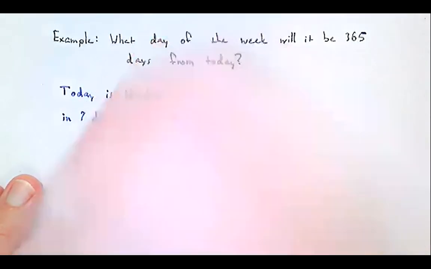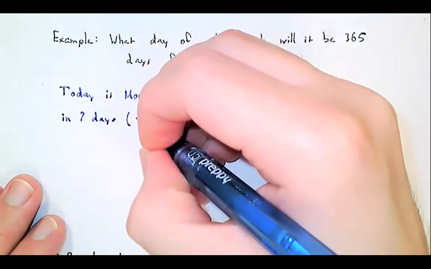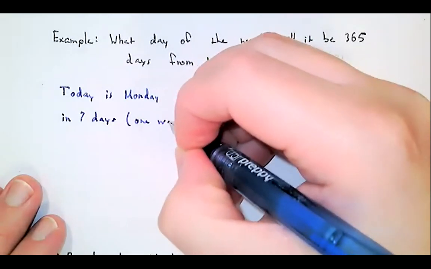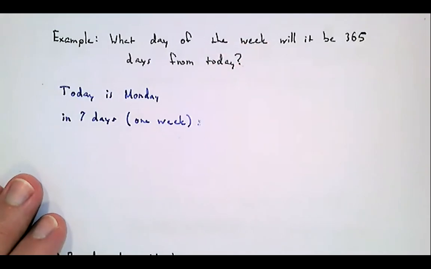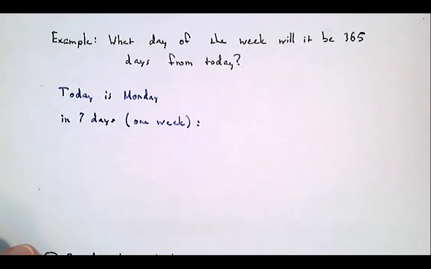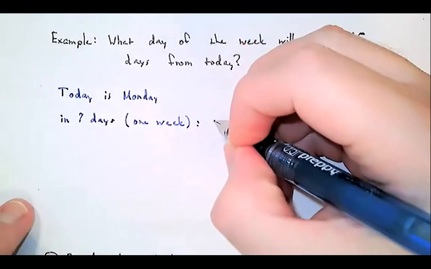Okay, so what if we just go 7 days in the future? 1 week. What day of the week will it be? Anyone? Monday. It'll be Monday, right? 7 days from now, it'll be another Monday.